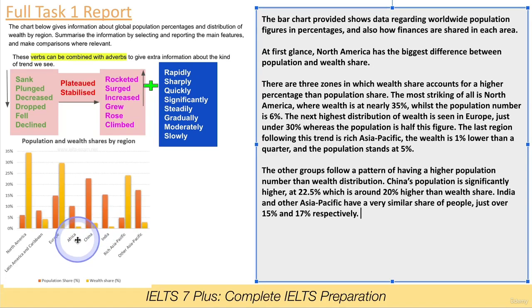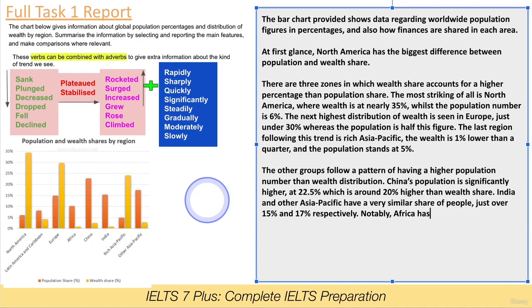Then we have Africa and Latin America and Caribbean. So we can state maybe that Africa has maybe just over 1% of wealth share.